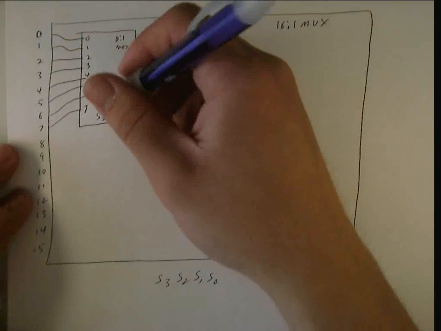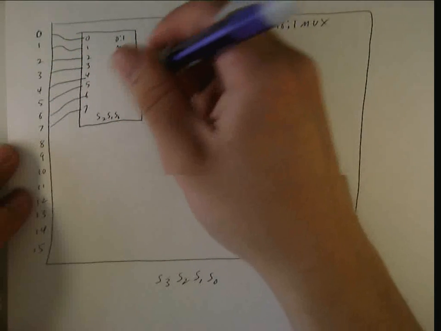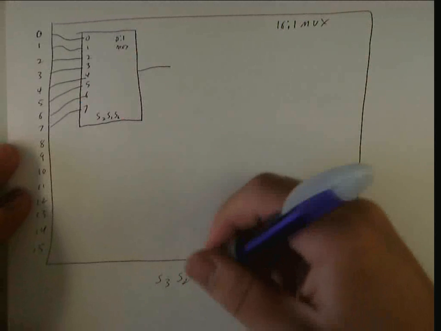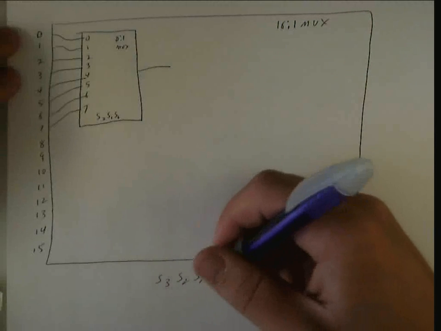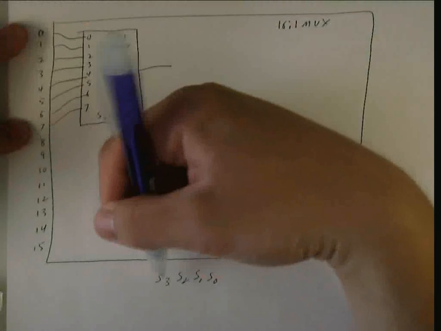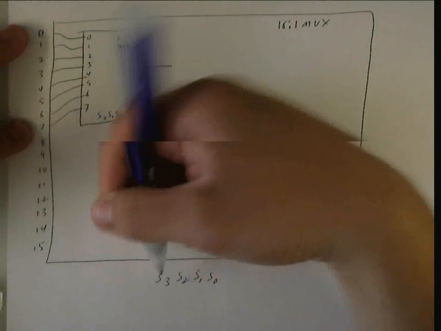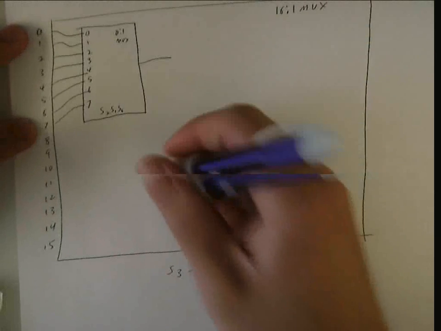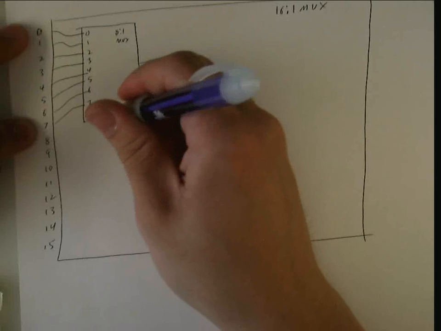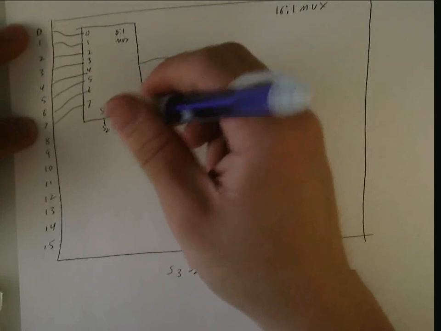So this output now is going to be taking into account the 3 lower significant bits, S2, S1, S0, because all these minterms here have 0 for what would be this S3 select bit. So I'm going to put S2, S1, S0 into each of these.